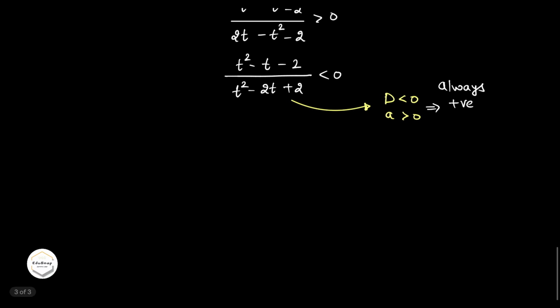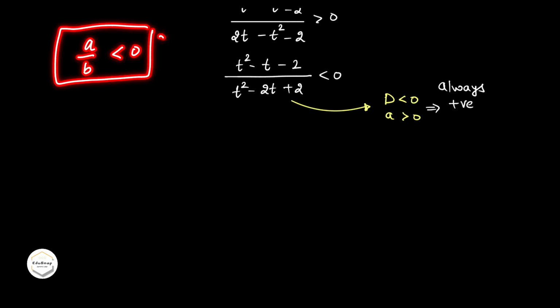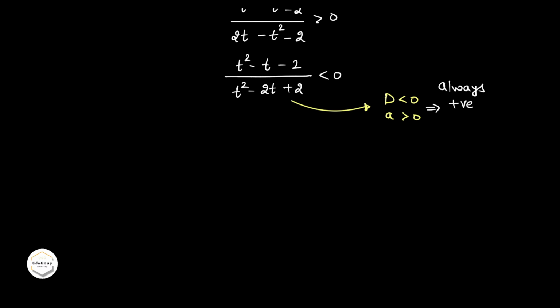Okay, now if you observe one thing, it is in the form of a by b less than 0. We know that if we have the ratio a by b less than 0, then a and b must be of opposite sign here. And we have determined the sign of this, because it is always positive.